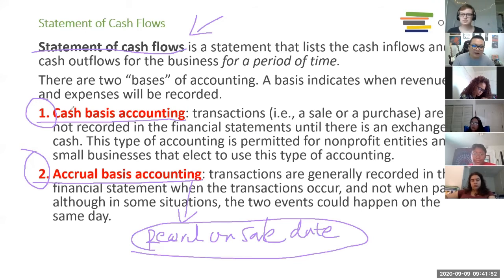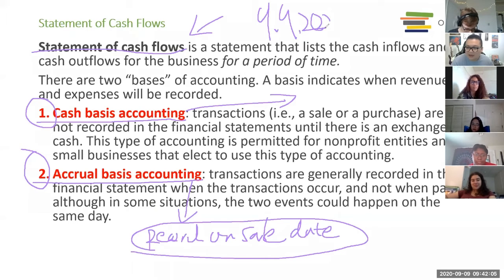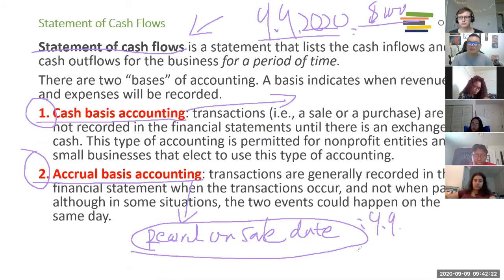However, with cash accounting, for example, what day is today? Today is September 9, 2020. You go to Macy and buy $100 shoes. Accrual-based accounting will directly report it on the sales day, which is today, 9/9.